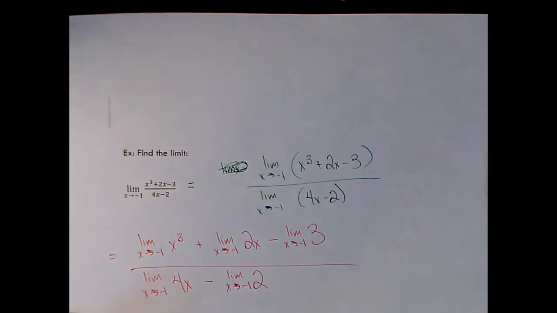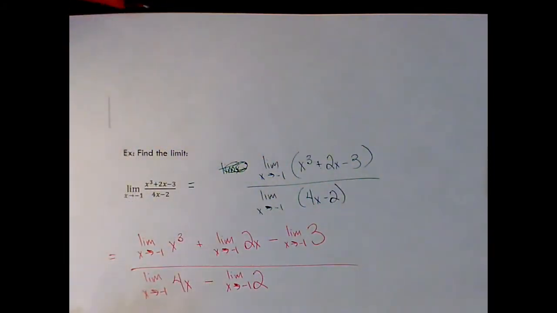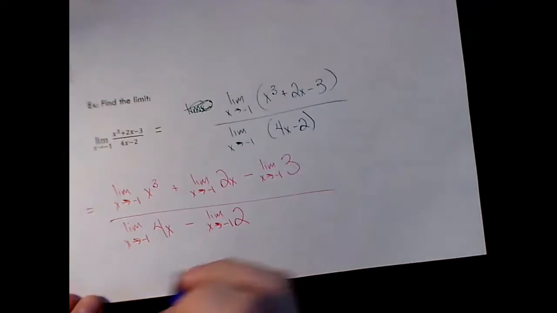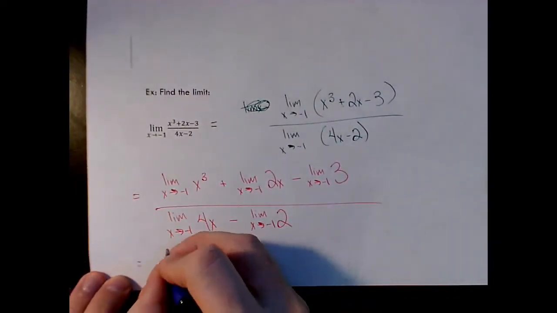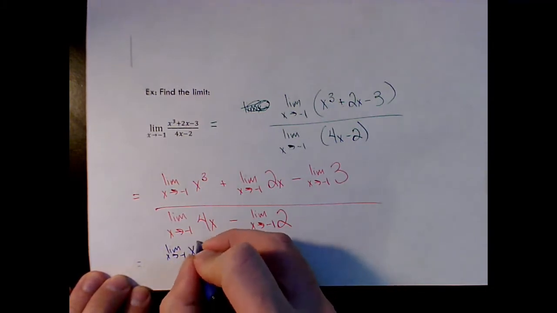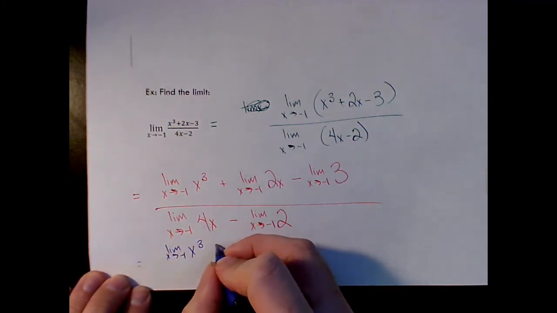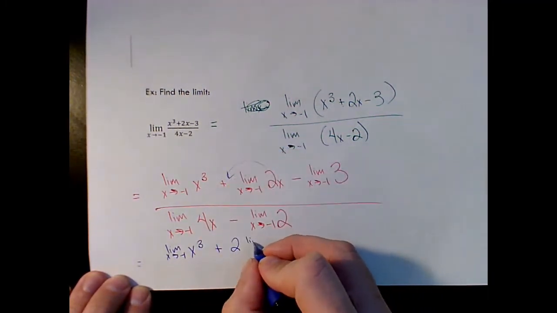If I even want to go one step further, I can do this. If I even have space for it, I might have to write a little bit smaller, but I'll do it. I'm sure you're dying to see what I could do to make this even crazier. That would stay the same. What I would do is I would pull a 2 out. That was one of the theorems.